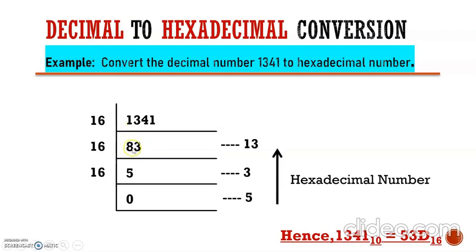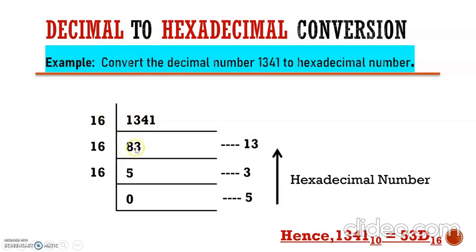So you just take the whole number, 83, and then you have to multiply 83 by 16, and then you will get something, and then you have to subtract that from 1341. That is the remainder.